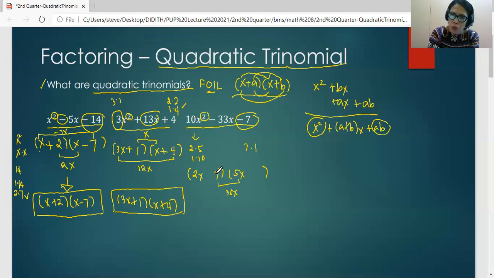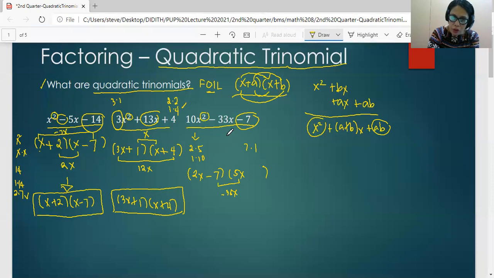So, meaning, we are just going to make this negative. Okay? So this would become negative 35x. And this is very near negative 33x. And the other factor of 7, aside from 7 itself, is 1. Now, we have made 7 negative, so it's a rule that we have to make 1 a positive factor.